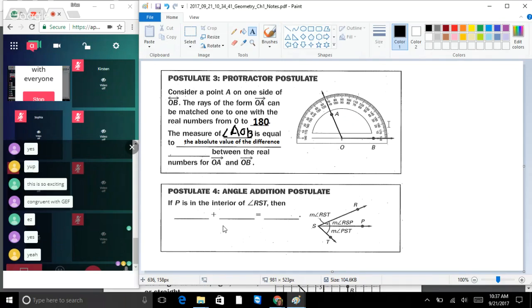It has to be between 0 and 180 degrees if we're using a protractor, which makes sense because the protractor has 180 degrees. So for this particular example, ray OA appears to be measuring at about, I start here at 0. You can see my angle measurement. This is 90 degrees. There's 100 degrees, 110, looks to be about 115 degrees.